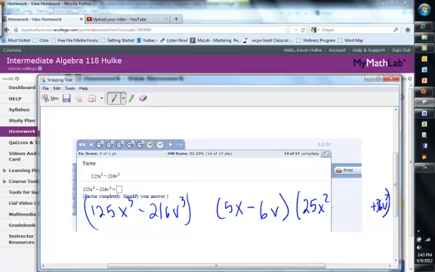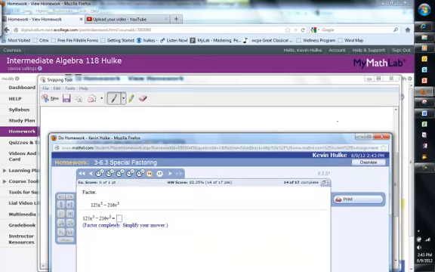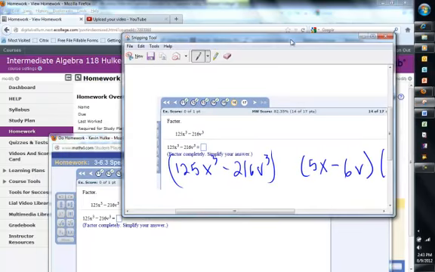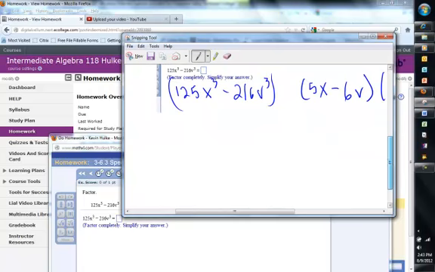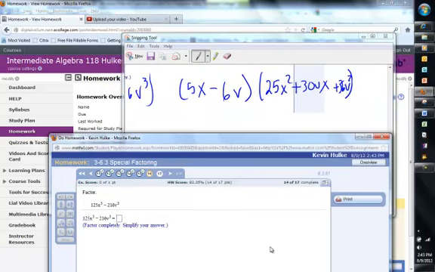And take the first thing times the last thing, 30vx. So that's the way we write our answer. Parentheses, 5x minus 6v, 25x squared plus 30vx plus 36v squared.